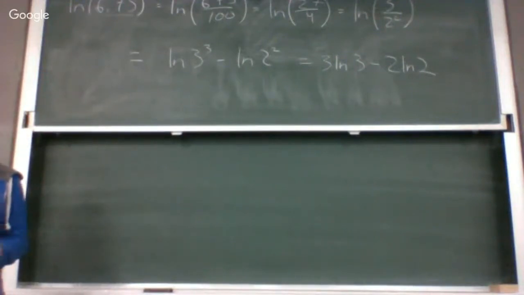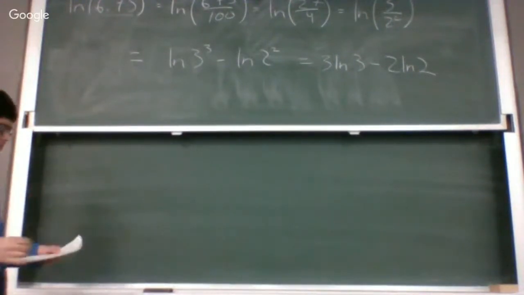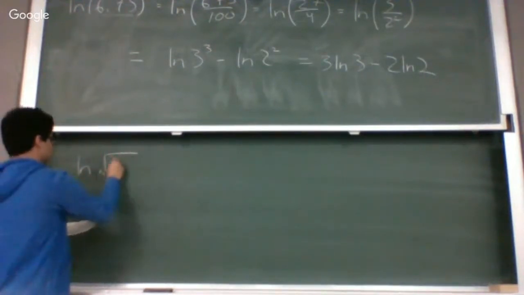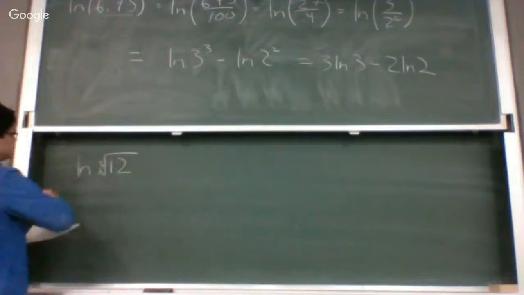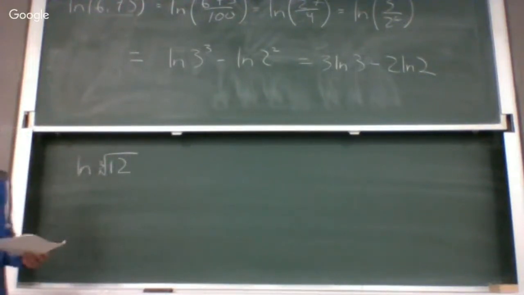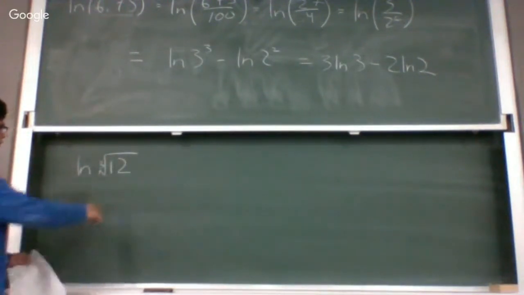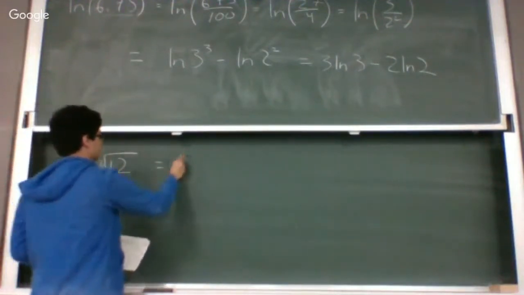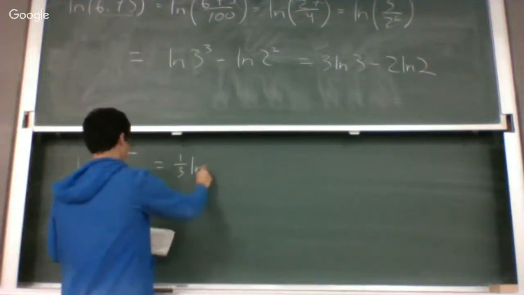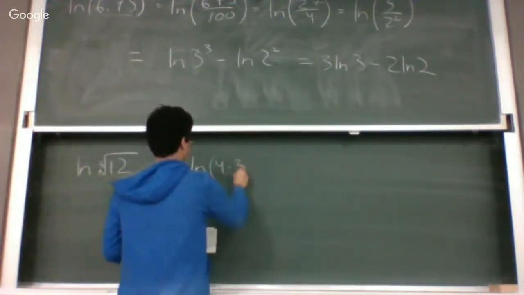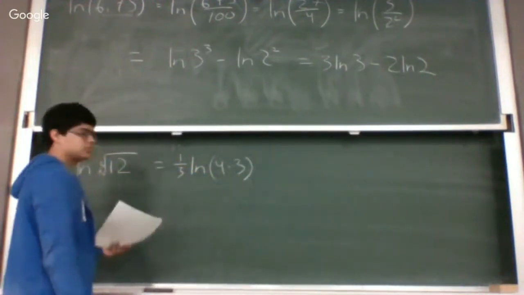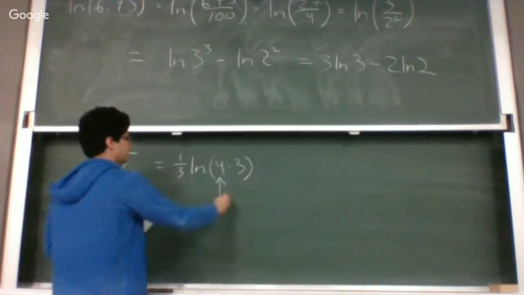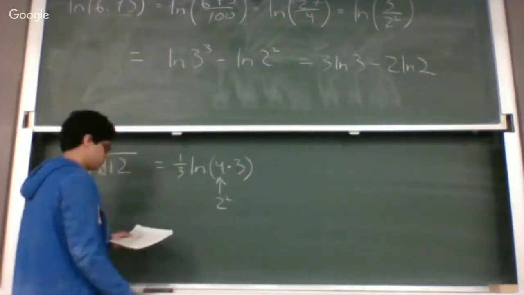We're good to move on? Yes? Natural log of the cube root of 12. We know that the cube root is just to the power of 1/3. So this can be rewritten as 1/3 times the natural log of 4 times 3. 4 is 2 squared. And since it's being multiplied, we can just add them.